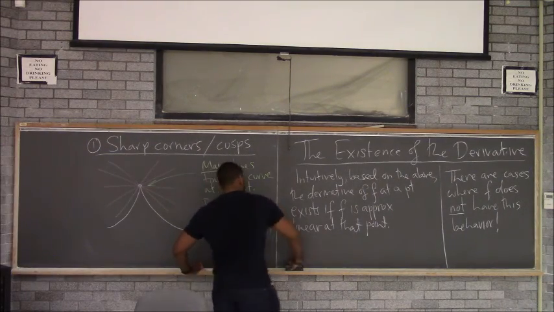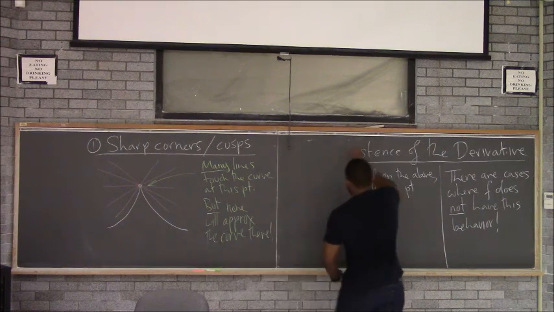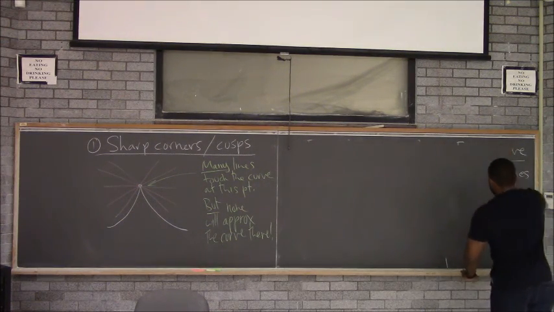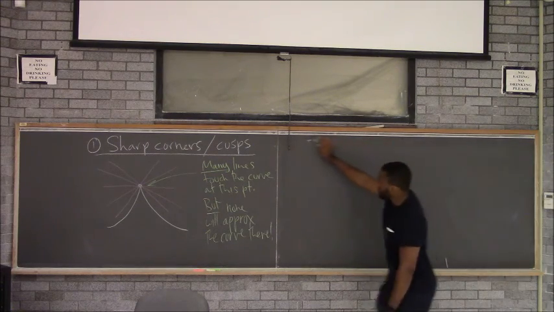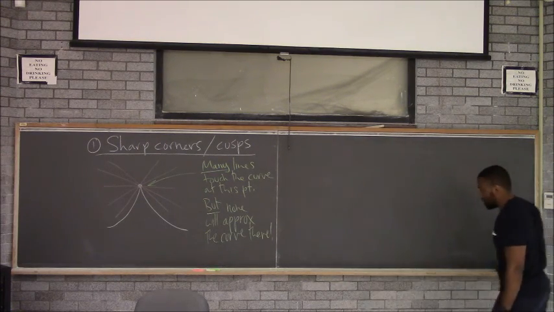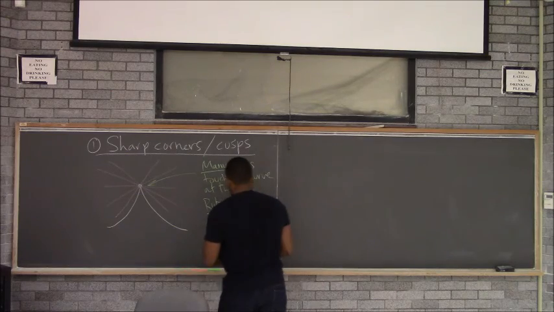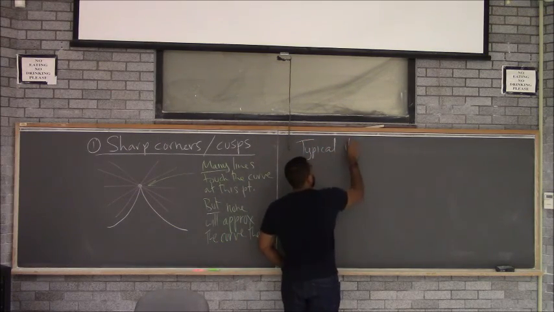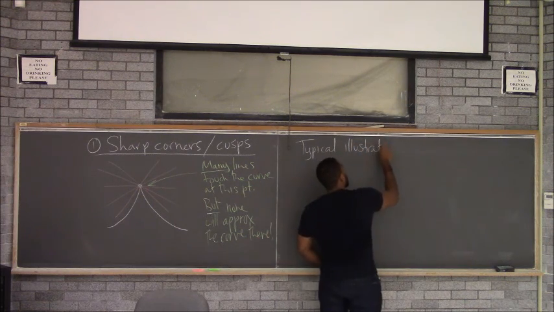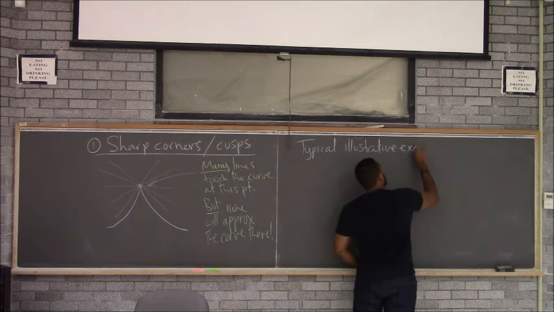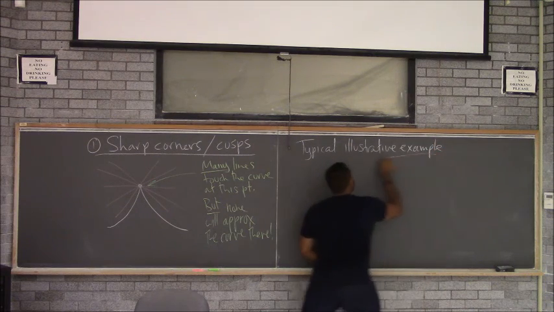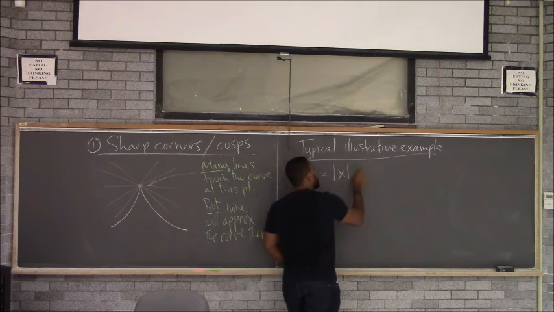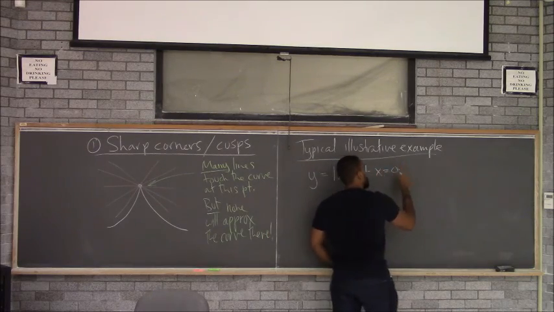Now, for a concrete example of seeing why this is an issue, there's a very, very typical example I can talk about. It is y equals the absolute value of x at x equals 0.